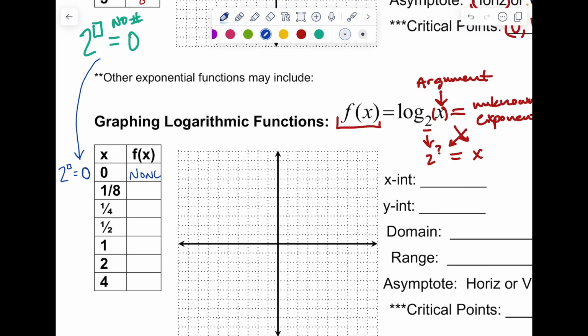There is none. There's no number that will give me that value. And then we could ask ourselves here, 2 to what power gives me 1/8? Well, that would be the -3rd. 2 to what power gives me 1/4? That'd be -2. And I think you can probably start to see the pattern we got going on here.